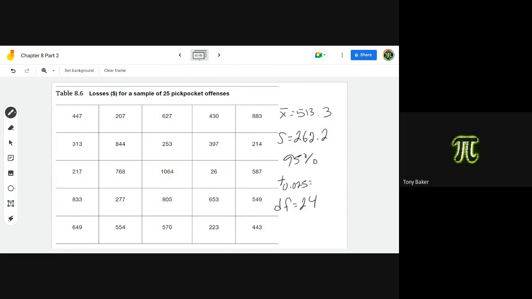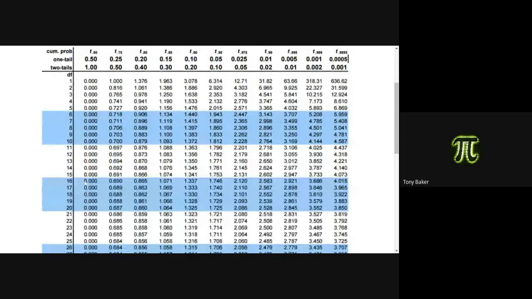All right, so we're going to go back to my T-table, and we're looking at 24. Notice how mine has the one tail and two tail. It does it for me. See how the two tail is the 0.05, the one tail is the 0.025. It's the same column.